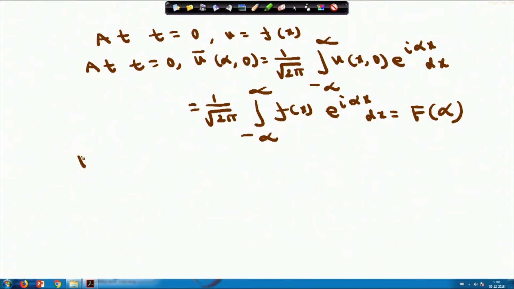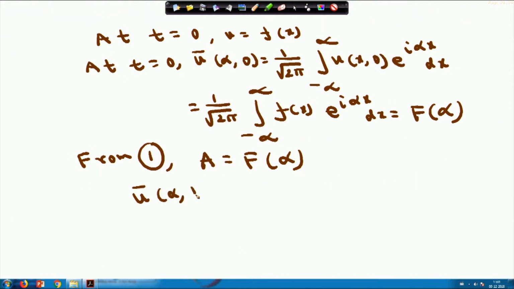Now, if you substitute from equation 1, at t equals 0, u bar alpha 0 equals F of alpha, then I will obtain a equals F of alpha. So, once I obtain the value of a and the value of b is 0, u bar alpha t equals F of alpha into cos of c alpha t.